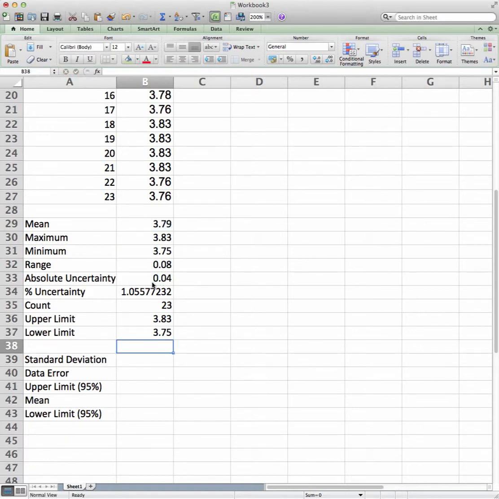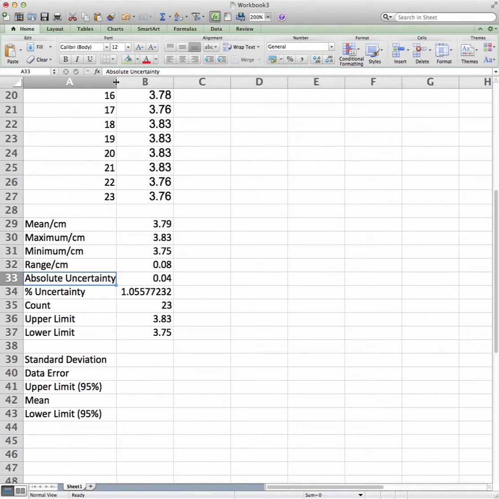So a couple things we want to do to clean this up is we need to apply units wherever they're appropriate. So the mean, 3.79, refers to centimeters. Similarly, the max and the min refer to centimeters. The range is also centimeters, varies over 0.08 centimeters.